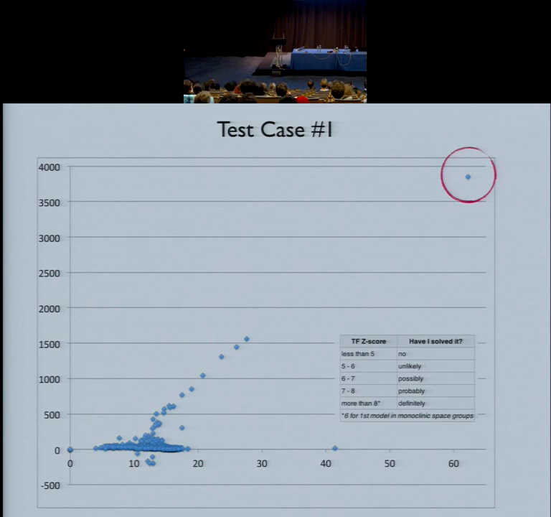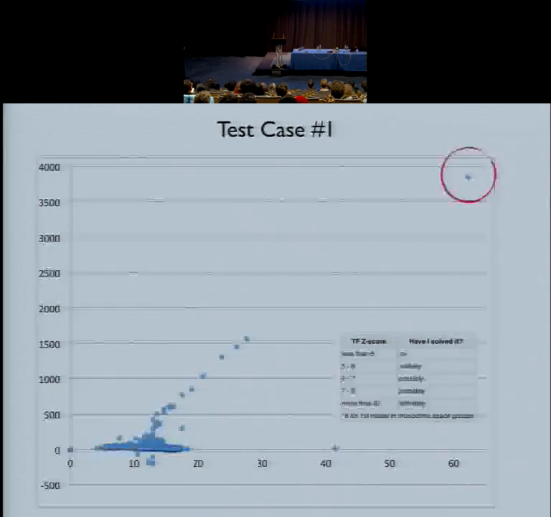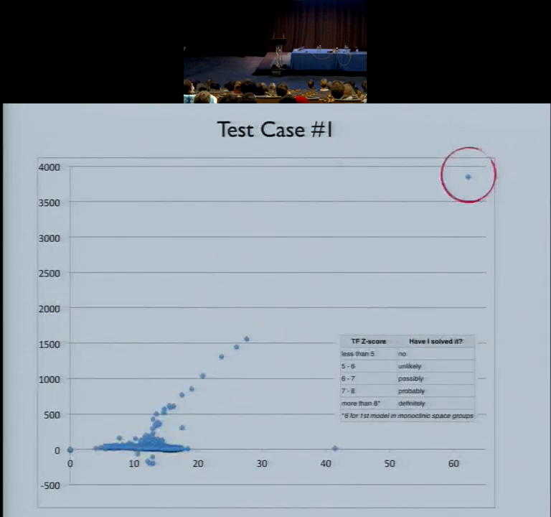All of them are correct, but notice here the scale for the LLG and TFZ. The values are not quite the same as what you use when you're working on proteins. The LLG values are way above 500 for the correct solutions, and TFZ values are also stronger. We haven't completed this analysis yet, but it indicates that maybe the scaling is a little bit different in the DNA, RNA universe than it is in the protein cases.